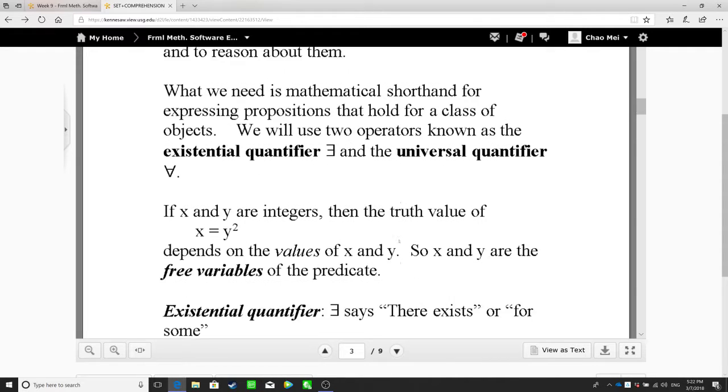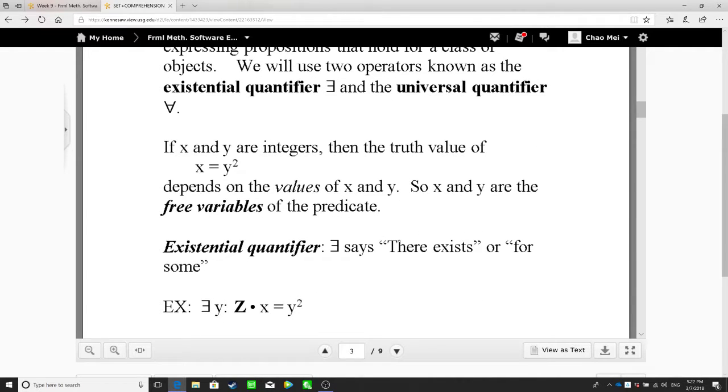First, let's see the existential quantifier. If x and y are integers, then the truth value of x equal to y squared depends on the values of x and y. So x and y are the free variables of the predicate.